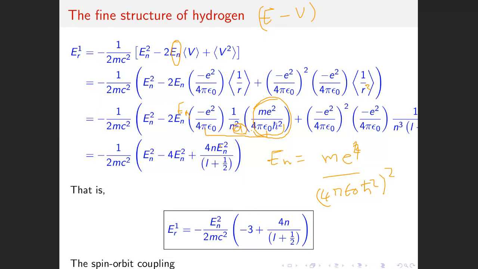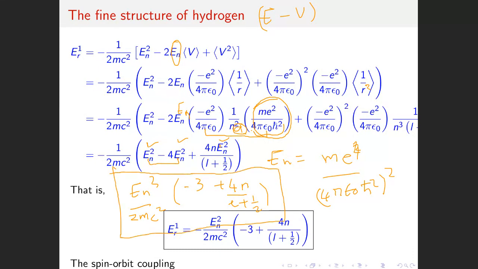So you can factor out this factor of En squared. So you get En squared over 2mc squared. Right. This term gives you the minus 3. The other one you just leave as L plus a half. Right. So this is the first correction to the hydrogenic wave functions, but we're not yet done.